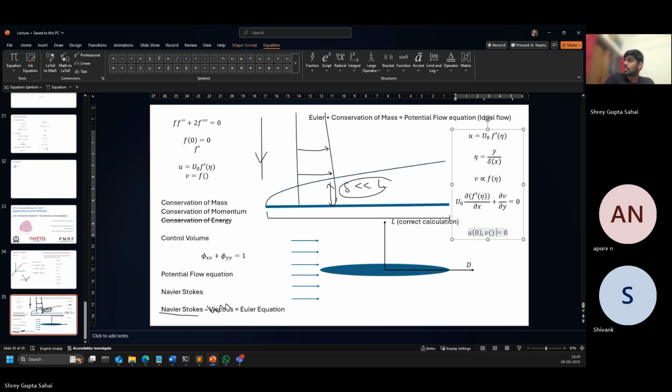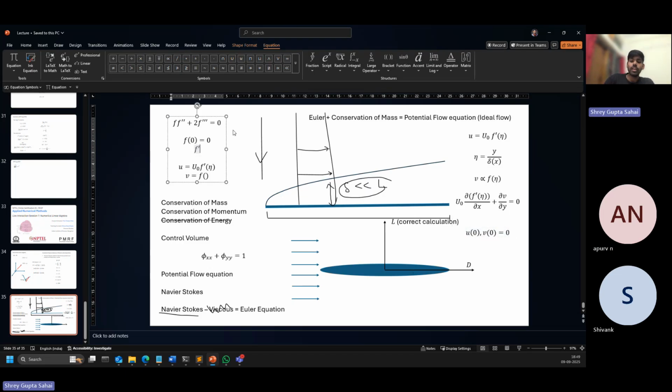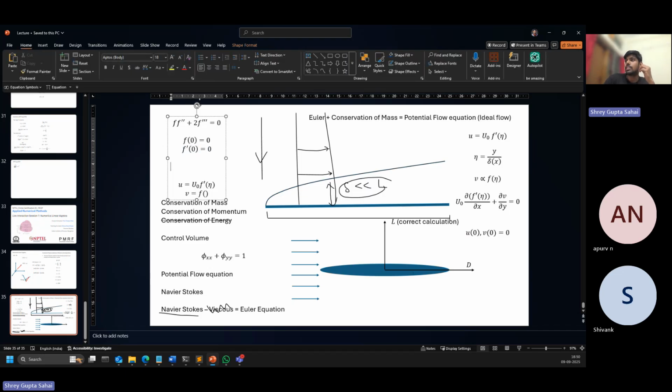Now what that will do is the boundary conditions will be f of 0 is 0 and f dash of 0 is also 0. Now, can you tell me, this is an equation, what is the order of this equation?